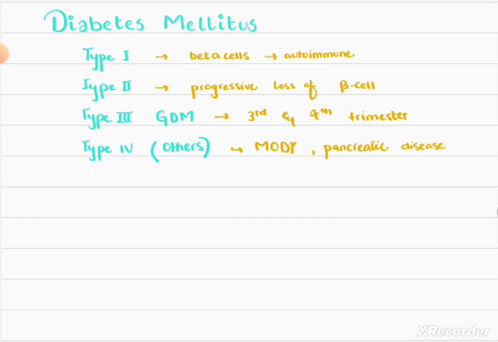It also includes drug induced diabetes, which is usually caused by immunosuppressant drugs, and also diabetes associated with other syndromes or after transplantation. So this category, type 4, contains all the other causes apart from type 1, type 2, and type 3.